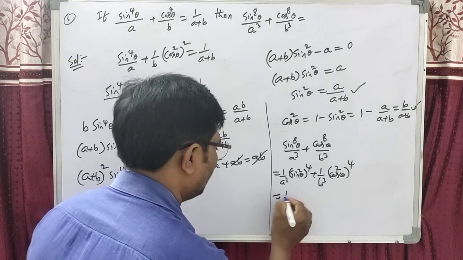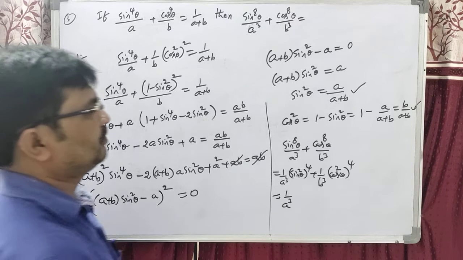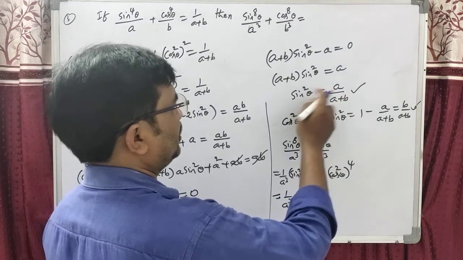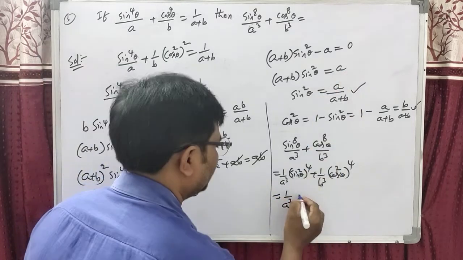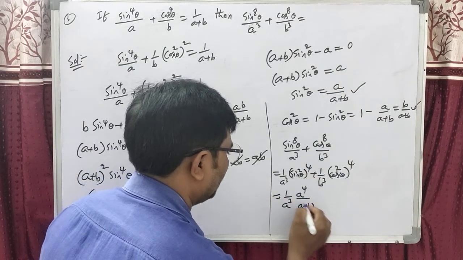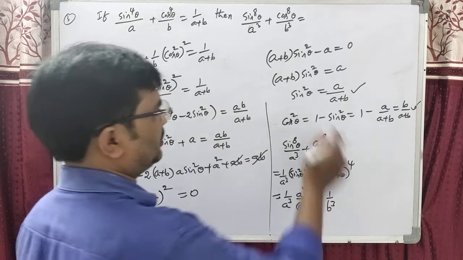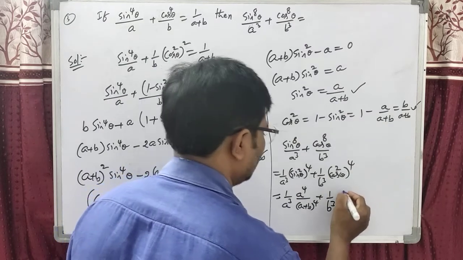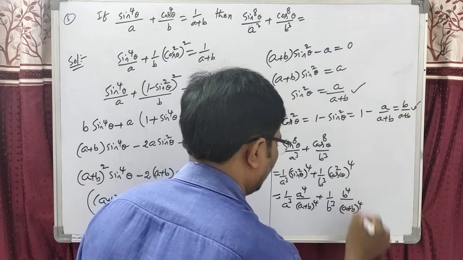Dear students, 1 by a cube, sin square theta is this one. How to write this, students? (Sin square) whole power 4 is a power 4 by (a plus b) whole power 4. 1 by b cube, (cos square theta) whole power 4 is b power 4 by (a plus b) whole power 4.